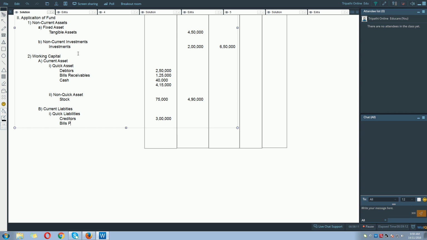So 4,15,000 plus 75,000, 415 plus 75, will give you 4,90,000. That is our total current asset.